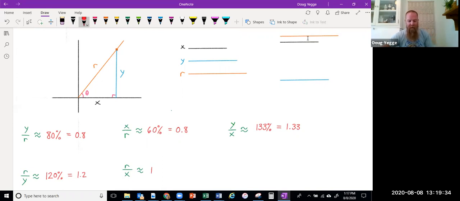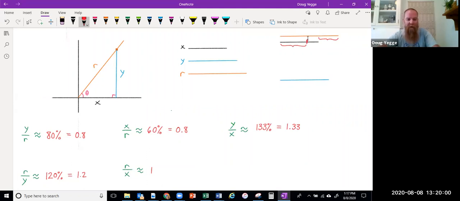But if I was to look at R over X, then I would say, how big is this amount in comparison to here? All right, so it's 100 and something. It looks like it's, I don't know, approximately 2/3 of the way.